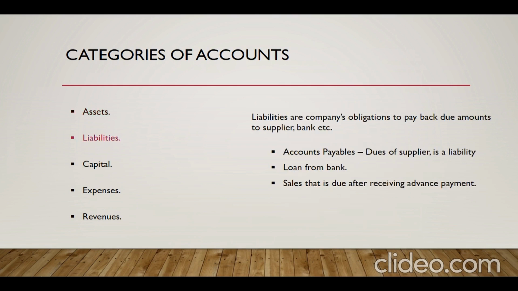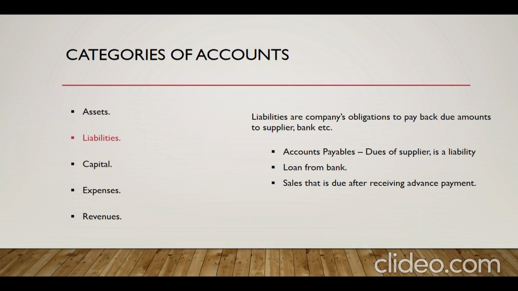Liabilities. So liabilities are the company's obligation to pay back due amounts to a supplier or to a bank. So when you borrow money from a bank, you are liable to pay it back. Those amounts are part of the liability of your business.